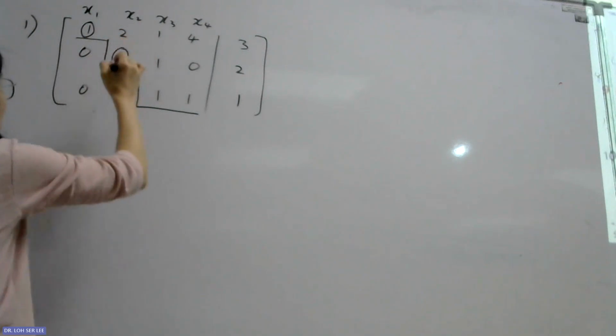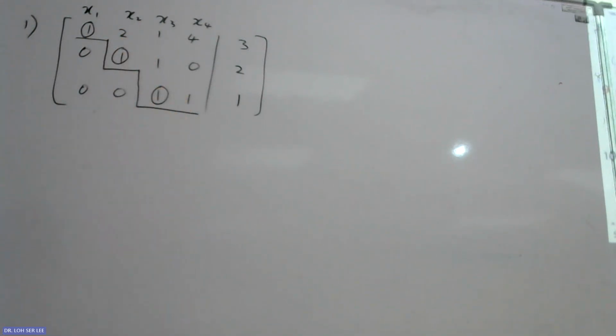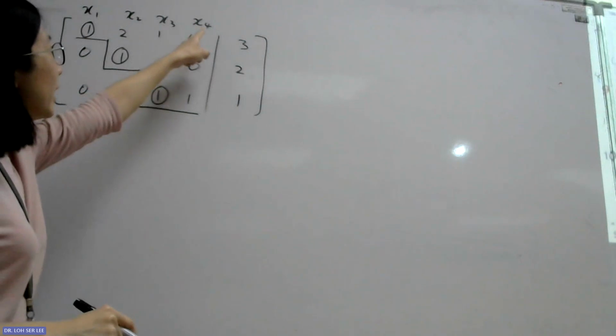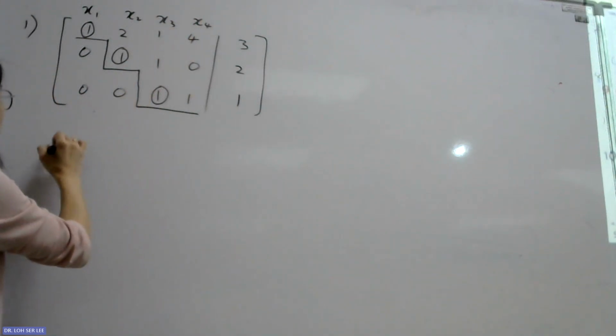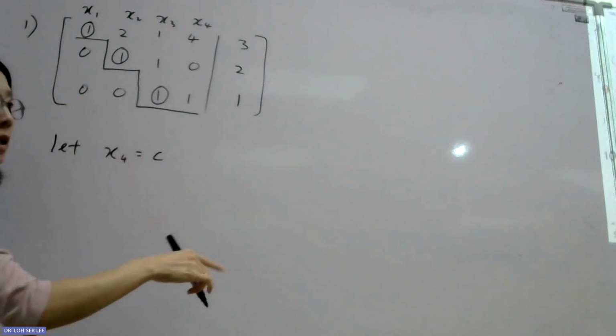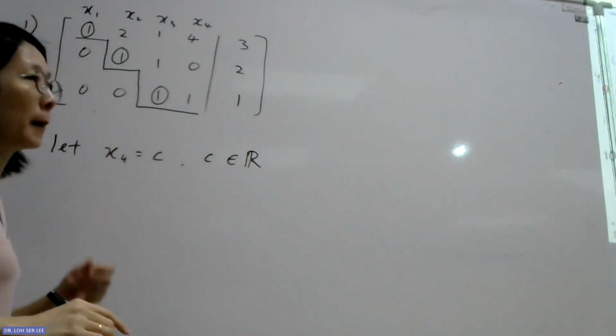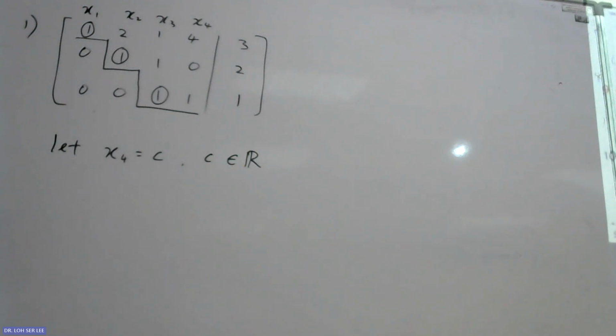So this is the pivot, this is the pivot, and this one is the pivot. Which one is free? X4 is free. So when X4 is free, we let X4 be c. And you need to denote c is a real number. It can be positive, negative, a fraction, or an integer.